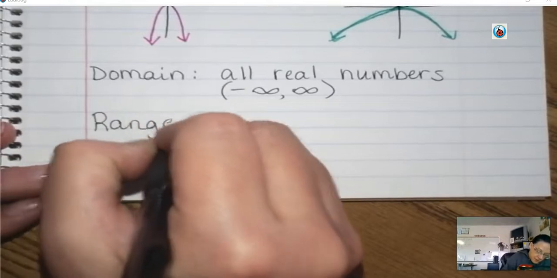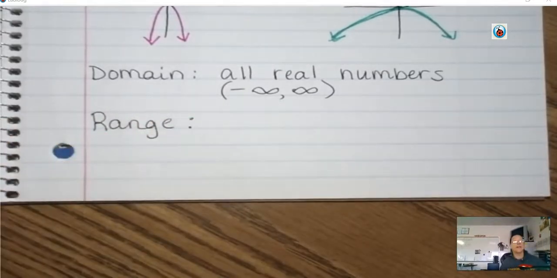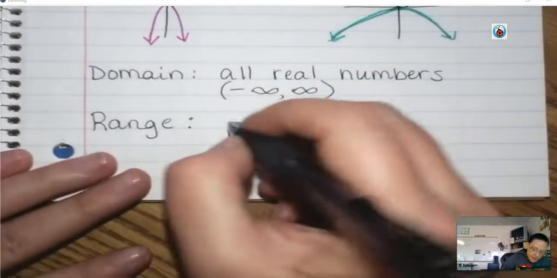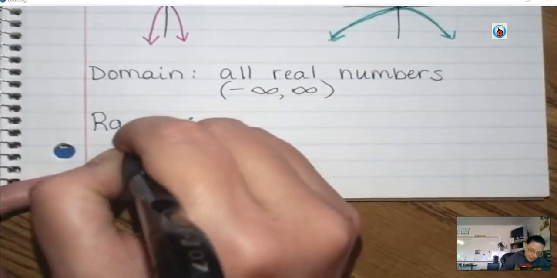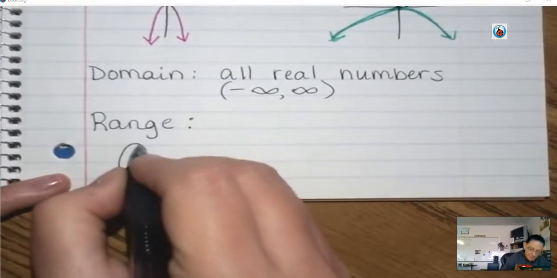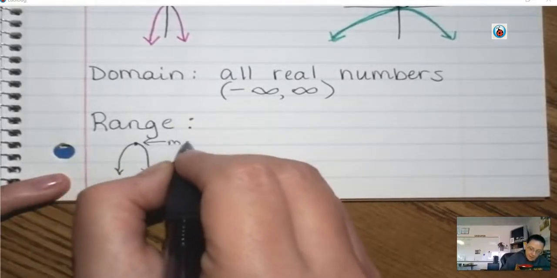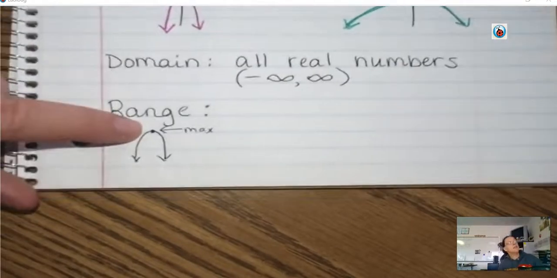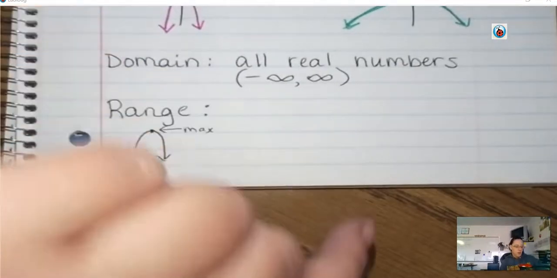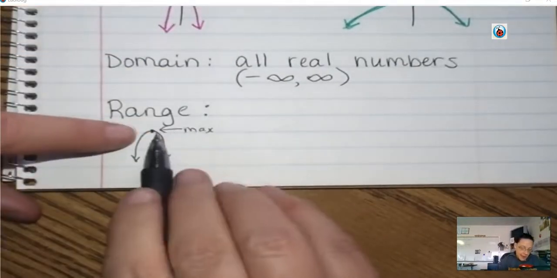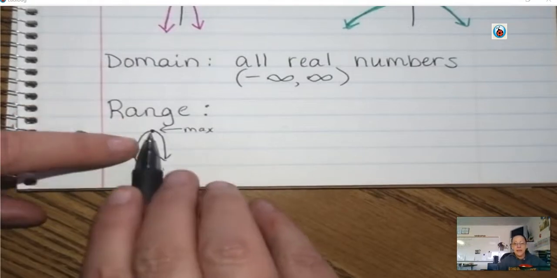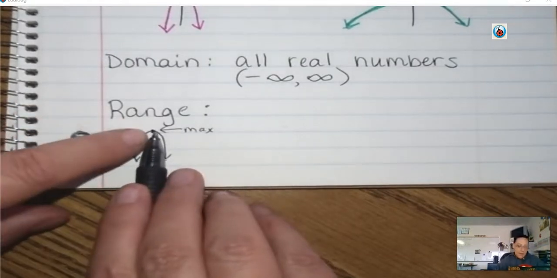The range for these types of graphs, so when A is negative, you have to think about it, the graph's going to be going downwards. That'll be your maximum value at that top where that vertex is. So the y values will be anything that's less than or equal to whatever that maximum is.